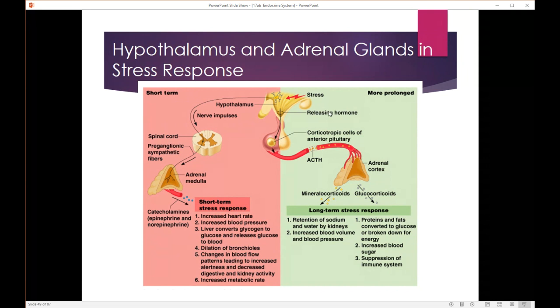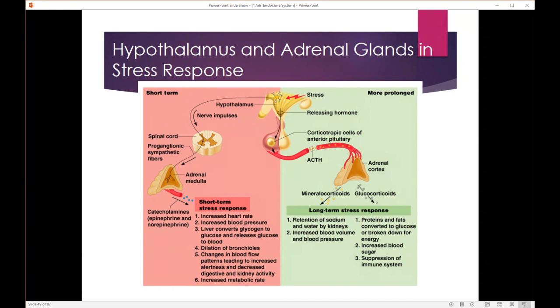Okay? Now, during a more prolonged response, we're going to have the hypothalamus releasing hormones to our anterior pituitary, which is going to cause the release of ACTH. The ACTH is going to act on our adrenal cortex, and we're going to see the release of our mineralocorticoids and our glucocorticoids. Mineralocorticoids has to do with our aldosterone, right?